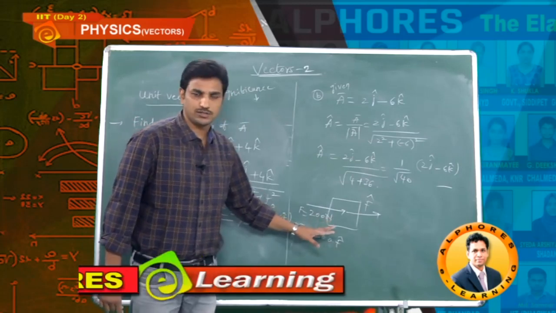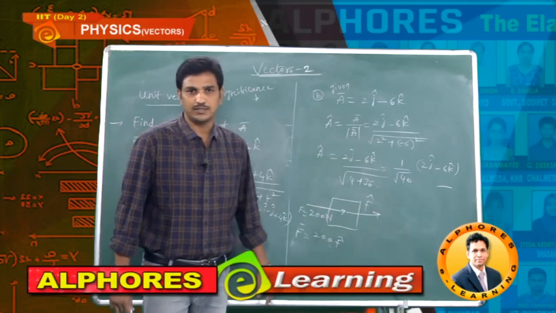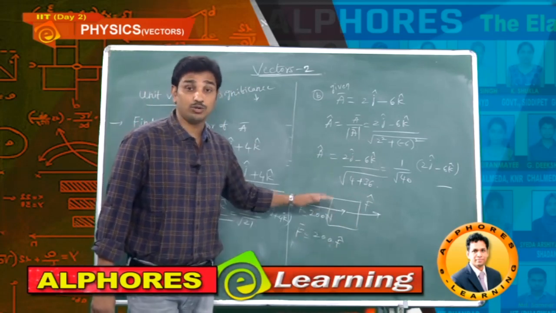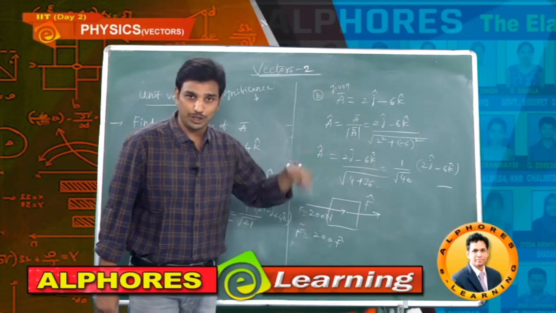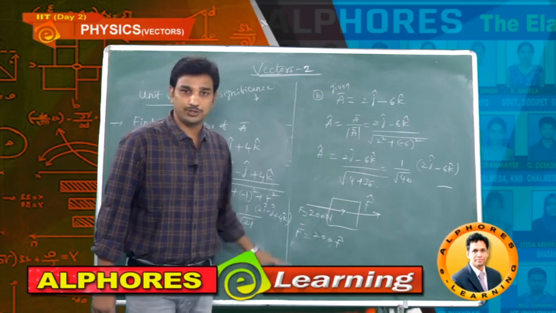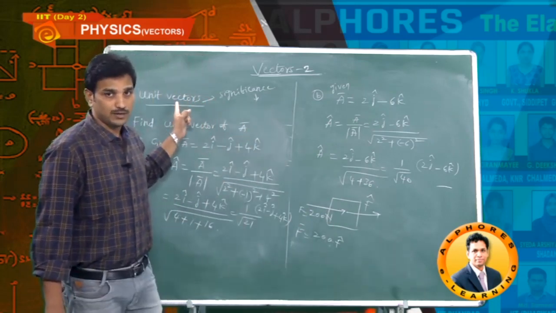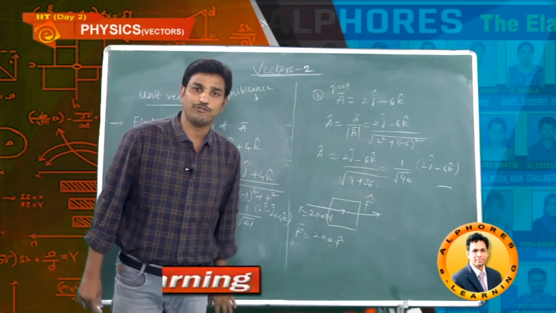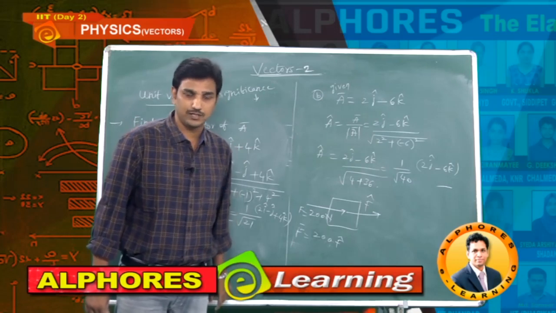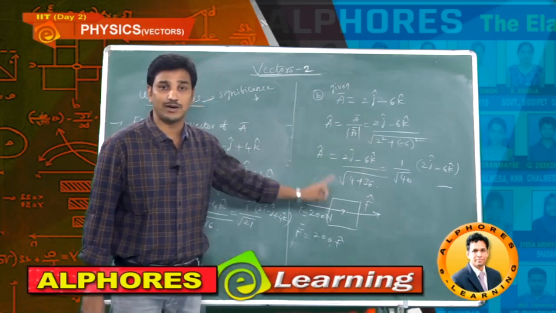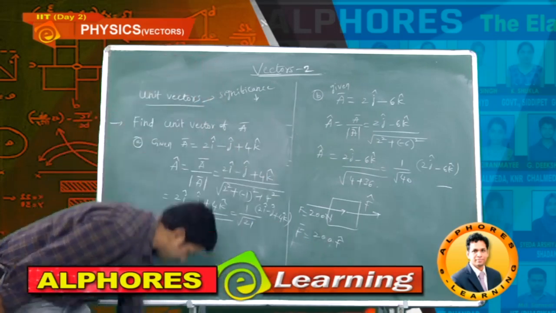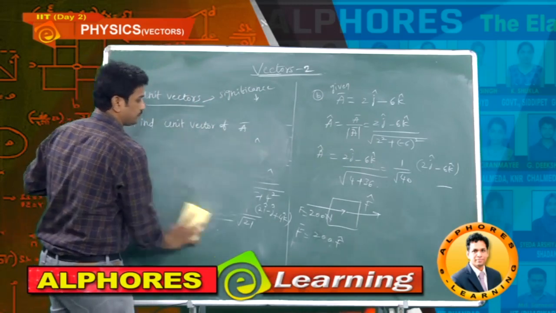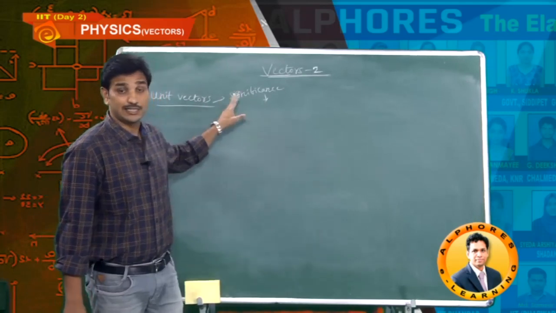So not only force, you can have an acceleration, you can have any vector. You know the magnitude, but how to calculate the direction, then there is a question mark. That time you should always take the unit vector. Whenever you need the direction of any vector, go for a unit vector and multiply, then you will get the direction of that particular physical quantity. I will tell you some more examples about unit vector significance.